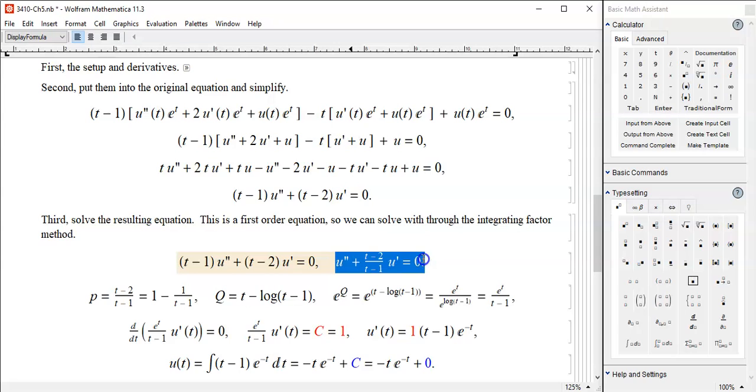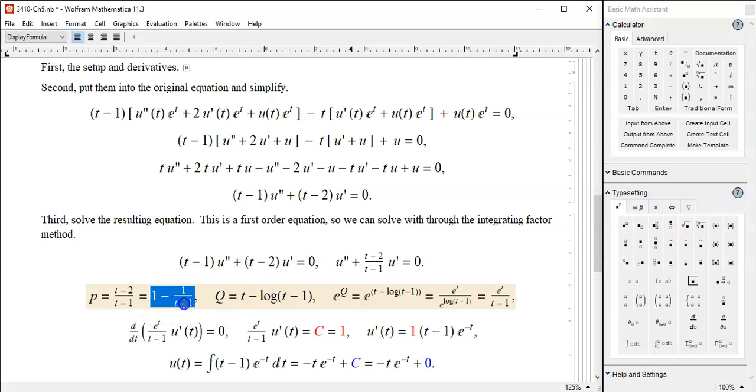So this is a standard form, and this is P. To find the integrating factor, start from here, and we have to find the antiderivative of this. Using partial fractions, the antiderivative is t minus log of t minus 1. So we get the integrating factor like this, e to the Q power.